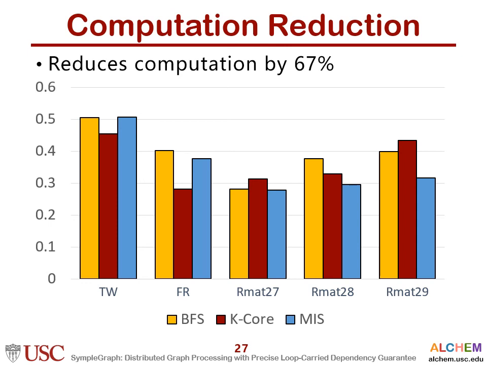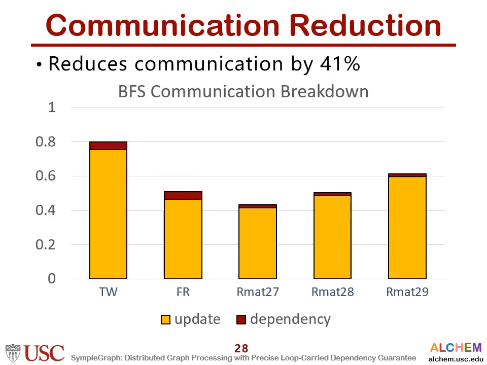It reduces computation by 67%. SympleGraph also reduces communication. Although we add a new type of communication called dependency communication, since we can reduce the number of update communication messages significantly, the total communication is also reduced. On average, it is reduced by 41%.